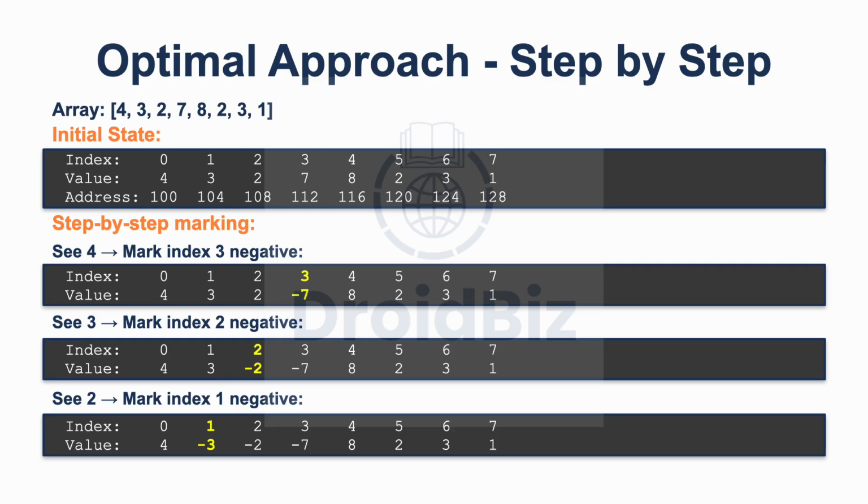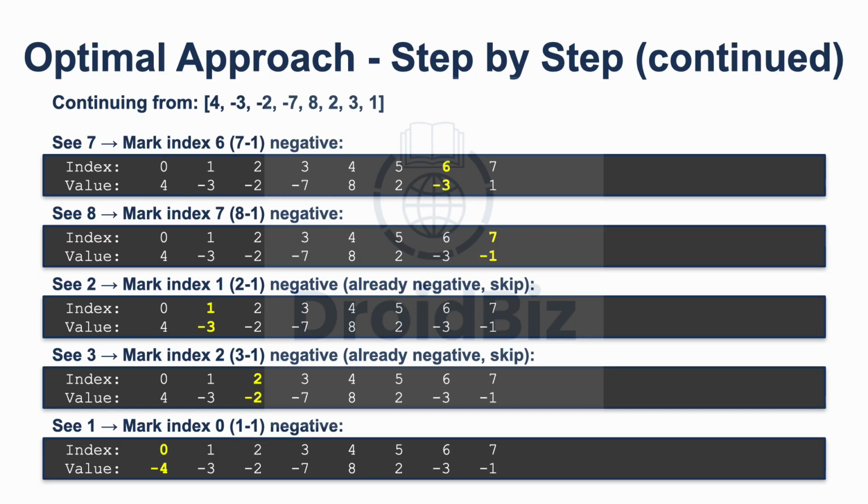Then we see element 2. Number 2 maps to index 1, which is 2 minus 1. We mark index 1 as negative. The value at index 1 was 3, and now it becomes minus 3. We see element 7. Number 7 maps to index 6, which is 7 minus 1. We mark index 6 as negative.